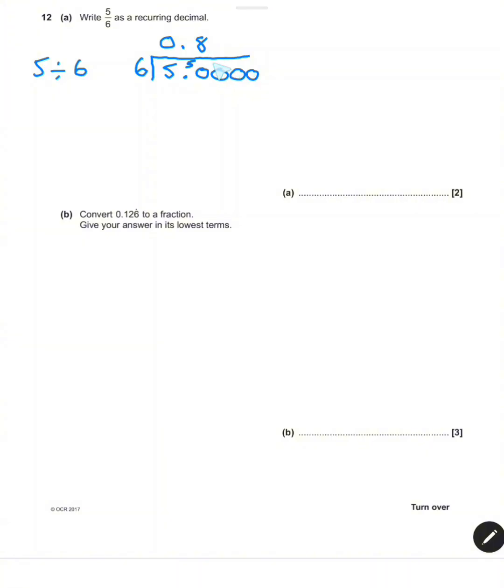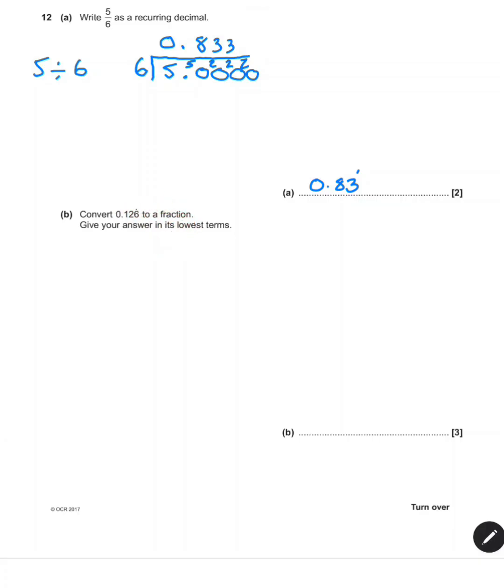So it's going to be 8 remainder 2. 6 into 20 is going to be 6, 12, 18, 3 remainder 2. 6 into 20, 3 remainder 2. We've got 0.83 recurring.